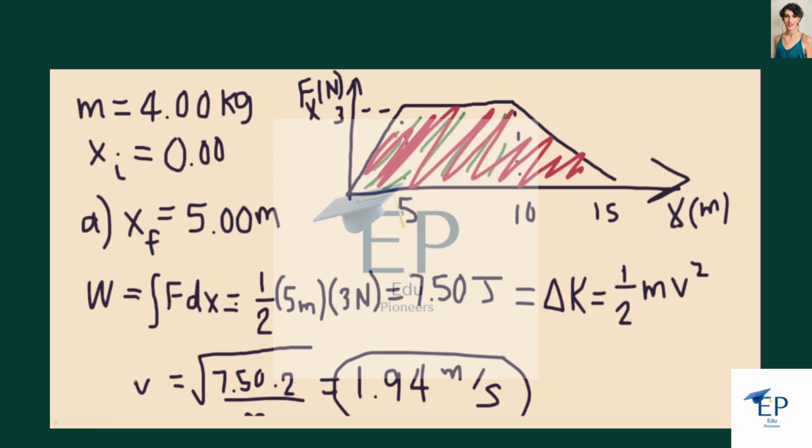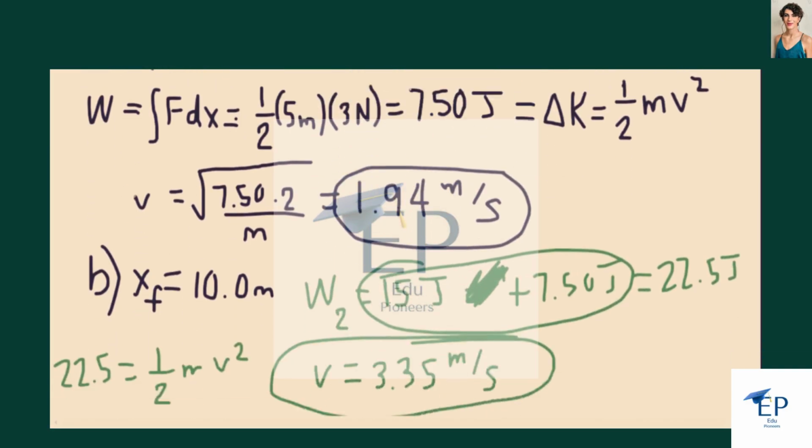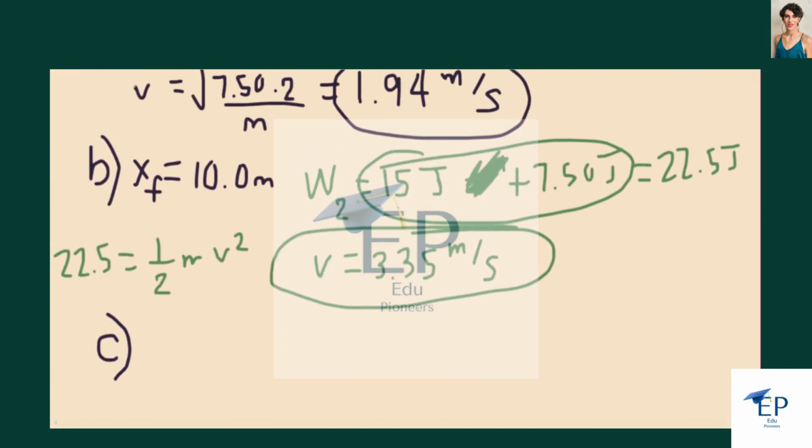That last triangle has the same base and height as the first triangle. So it's going to be now 15 plus 7.5 plus 7.5 again.